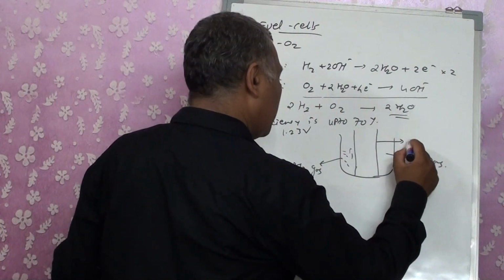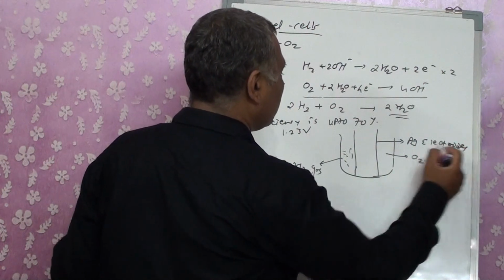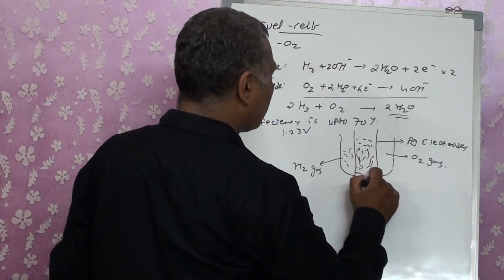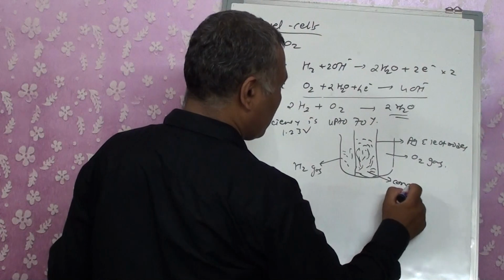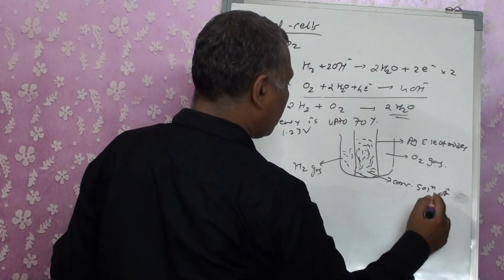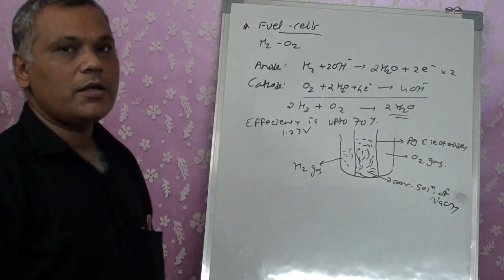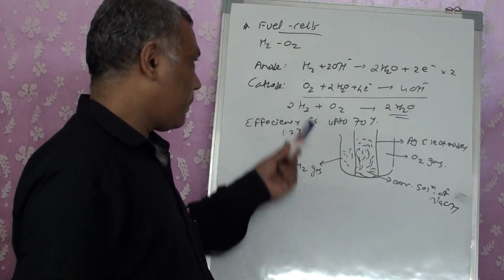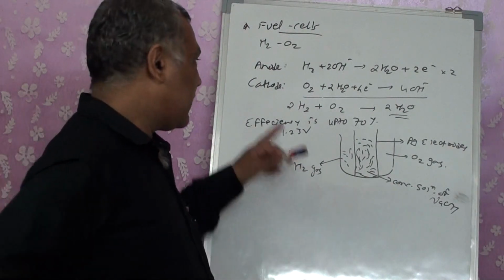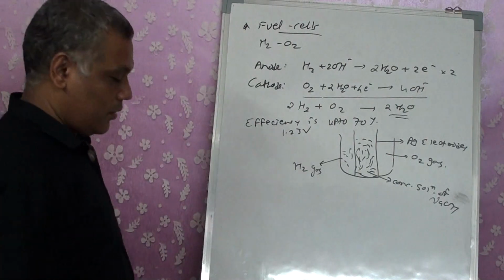Ag electrodes are used to separate them, and in between there is a concentrated solution of NaOH, from where we get the OH minus ions. So that OH minus is used in the solution. That is about the fuel cell. The anodic and cathodic reactions are important for us.